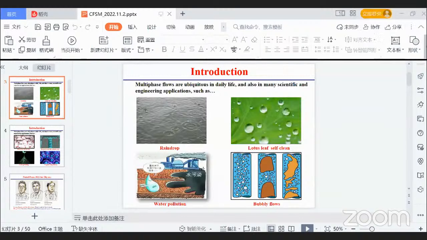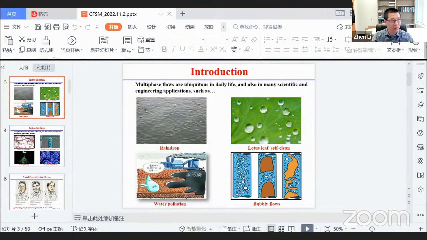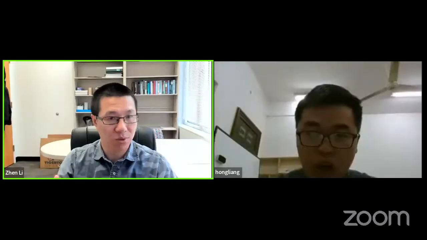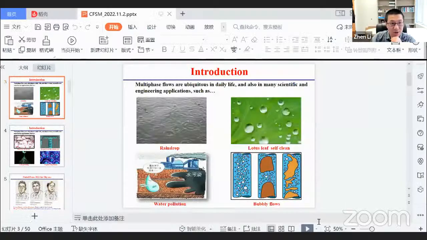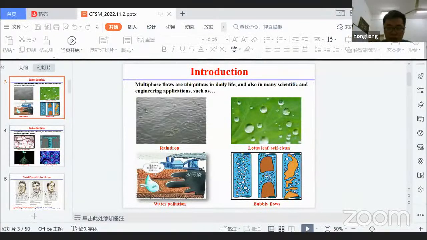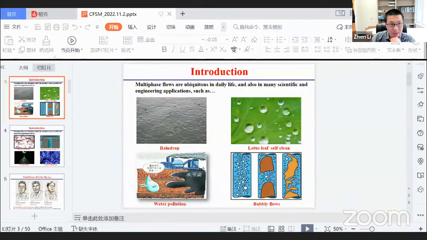Maybe you need to exit and share again. You can share the window, or you can share your screen. Okay, let's try. Now is it full screen or not? Can you see the full screen?